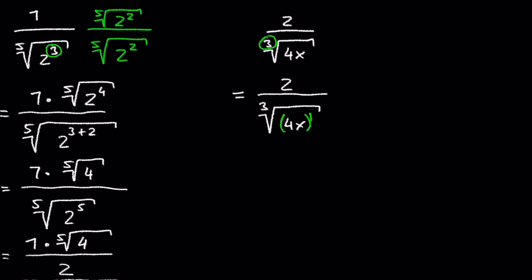So to get a 3 out of the exponent 1, we have to multiply the 3rd root of 4x with the 3rd root of 4x to the 2. Because 2 plus 1 equals 3.